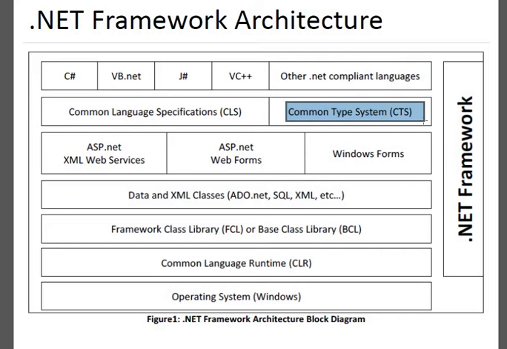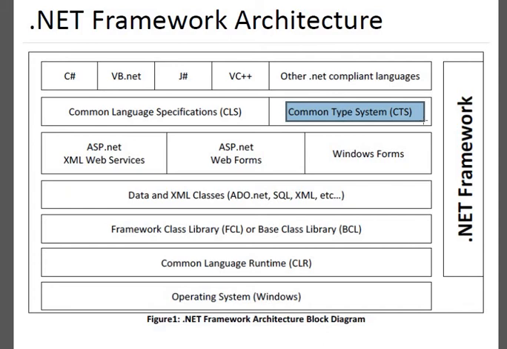Suppose we write an integer, meaning int I, it remains the same in VB, VC++, C# and all other .NET compliant languages. It defines how types are declared, used and managed at runtime. It facilitates cross-language integration, type safety and high-performance code execution. It helps developers to develop applications in different languages.